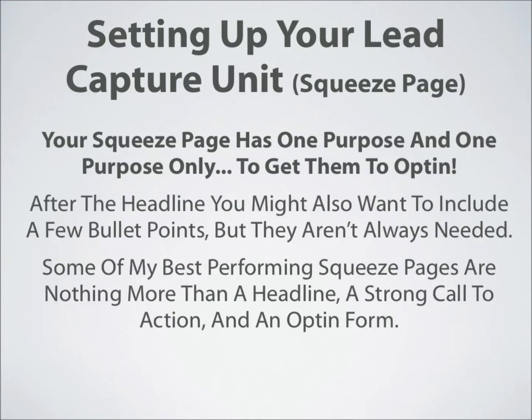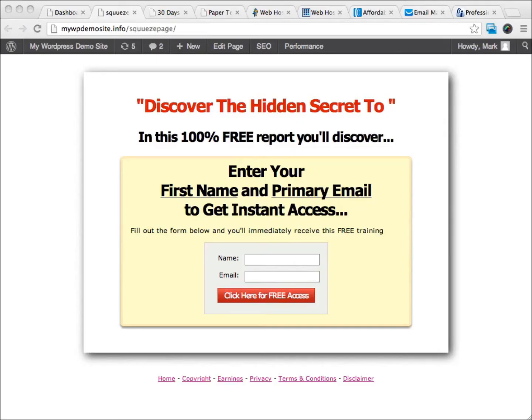Now, after the headline, you might also want to include a few bullet points, maybe a subhead. Some of my best performing squeeze pages are nothing more than a headline, a strong call to action, and an opt-in form. Something like this: I'm using that Paper Template WordPress theme that I told you about to set up a squeeze page.